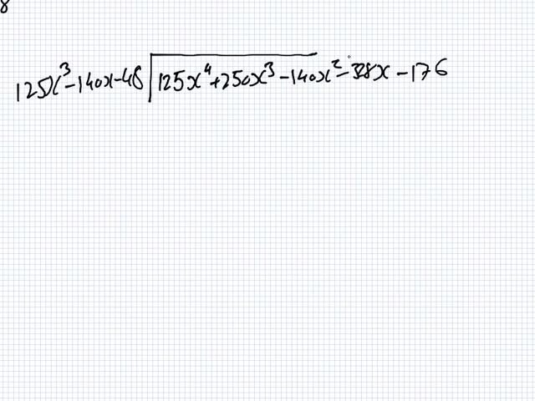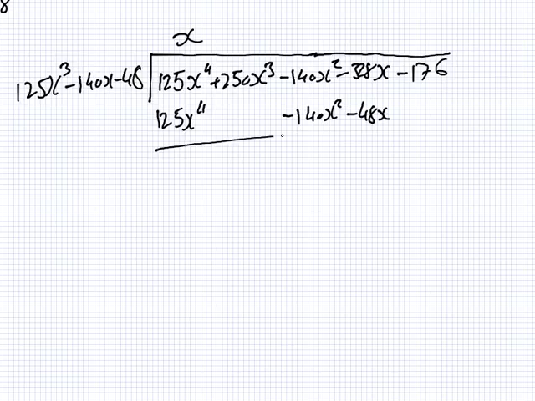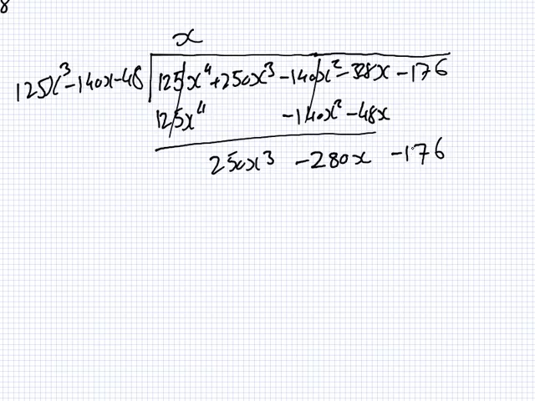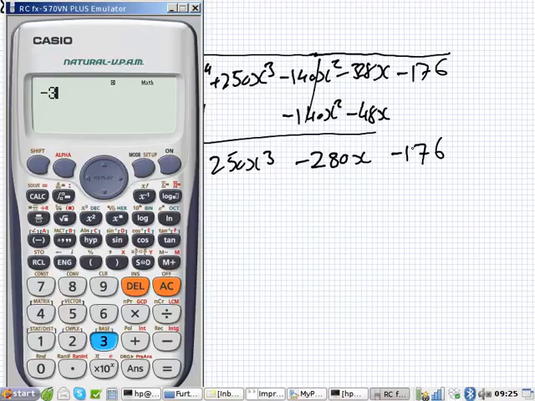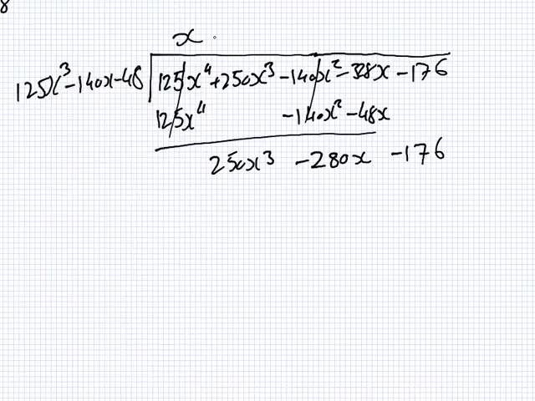Firstly, it's an x. 125x to the fourth minus 140x squared minus 48x. That goes, you're left with that. That goes, and you're left with this. And then next, plus 2.